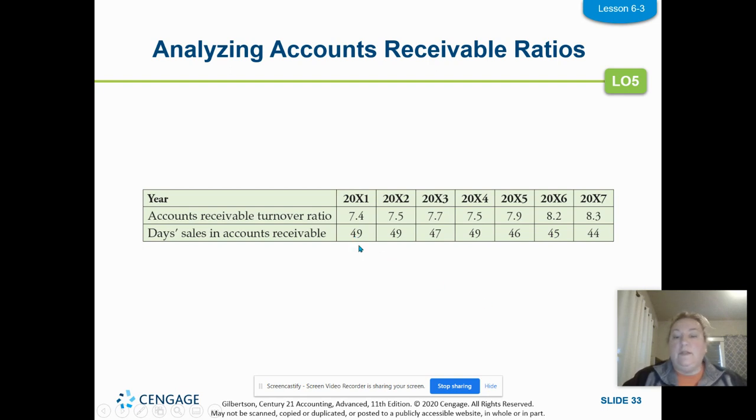If this was 49, 50, 52, 60, that would be a bad trend, because that would say that we're not collecting that money, we're not processing through, and it takes longer and longer for our customers to pay us. So as long as the downward trends are good in this case, upward trends would not be.